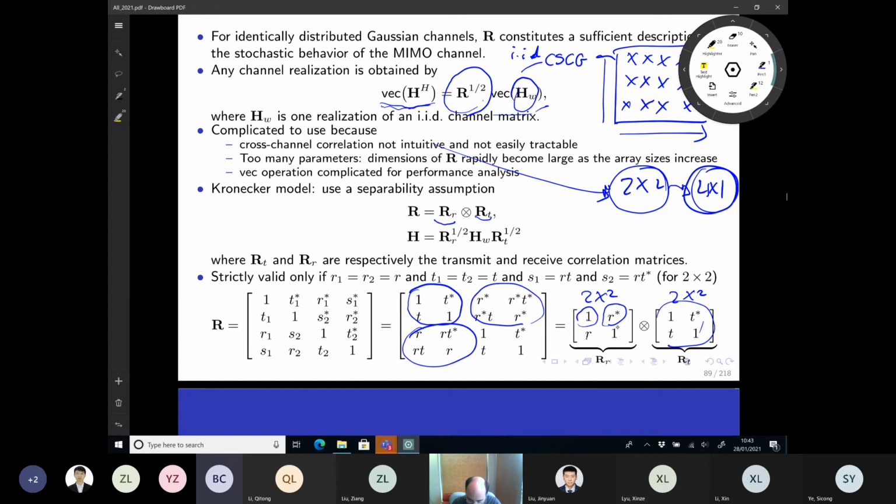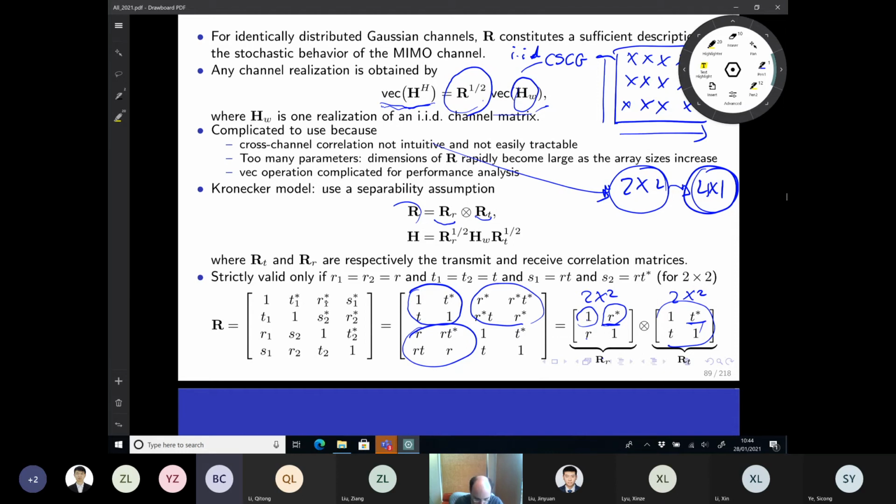Now you see here you have only two correlation coefficients: the receive correlation coefficient and the transmit correlation coefficient. So this is one model that says your total correlation matrix is just a function of the receive correlation matrix and transmit correlation matrix, so of two coefficients, at the receiver side and at the transmitter side.